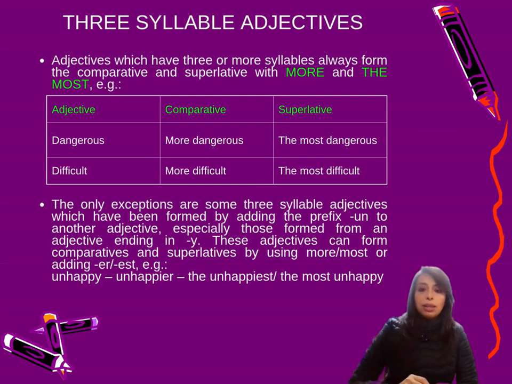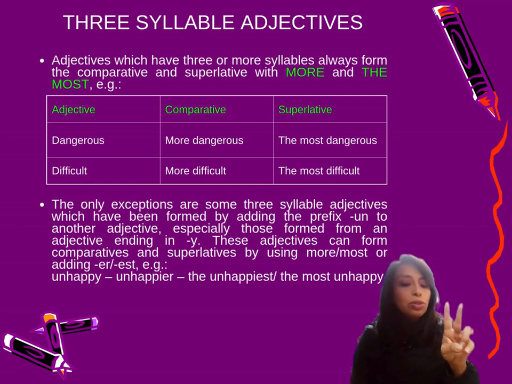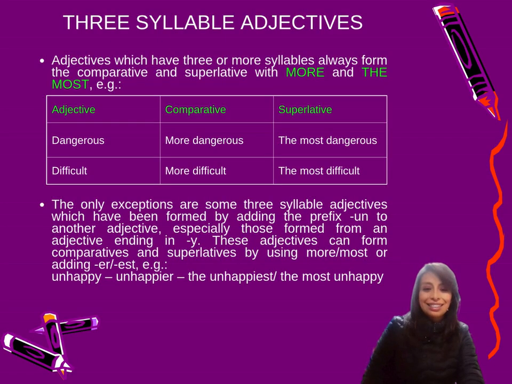These adjectives can form comparatives and superlatives by using more, most, or adding er or est. For example, unhappy. So you could say unhappier or the unhappiest, or more unhappy, the most unhappy. So both options are correct.